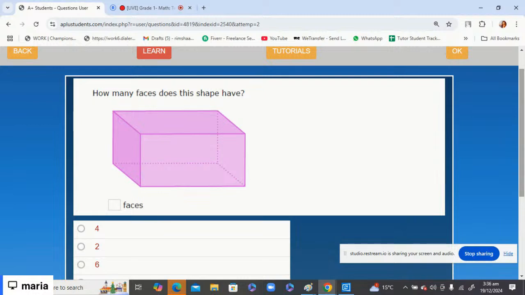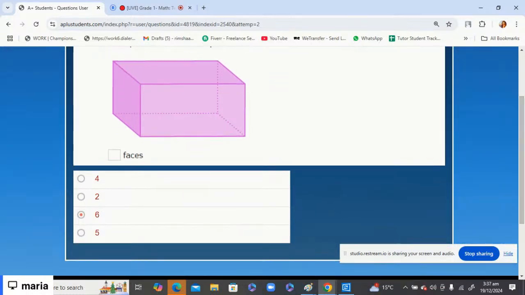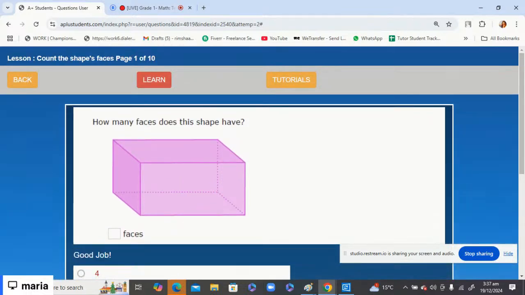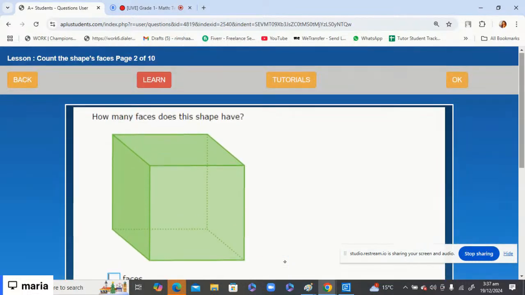Then the left side, then the right side. Top, bottom, left, right, and then the back and then the front. Okay? So now the thing we have done in it. These are basically the 6. So let's go with it. Yes, this is the right answer. All right. Hope you guys understand this lesson as well. You're just going to count the faces of the shapes.